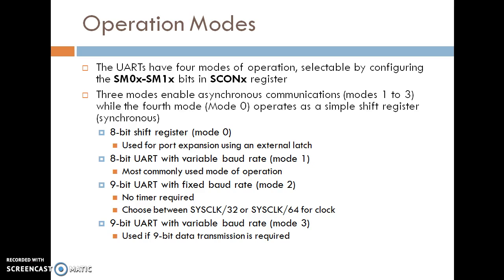Next one is mode 1, which represents 8-bit UART with variable baud rate, which is the most commonly used mode of operation. Next mode is mode 2, which is 9-bit UART with fixed baud rate. There is no timer required. Next one is mode 3, which indicates 9-bit UART with variable baud rate, used if 9-bit data transmission is required.